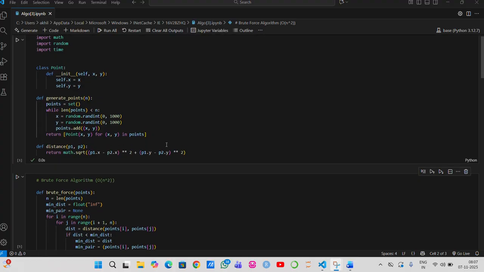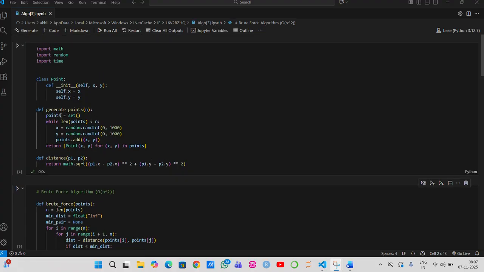Now let me explain the input points which are generated. Here I used a simple function called generate_points(n), which creates n distinct random points, each with an x, y coordinate between 0 and 1000.